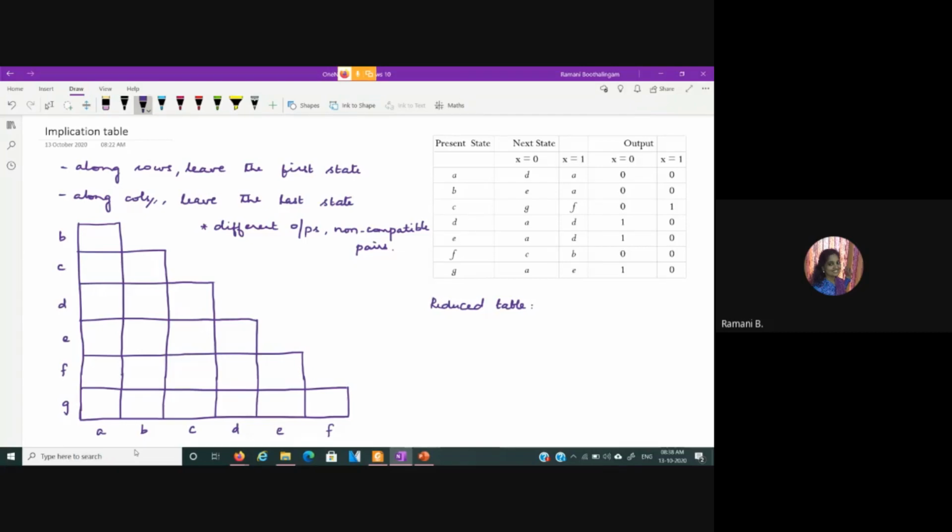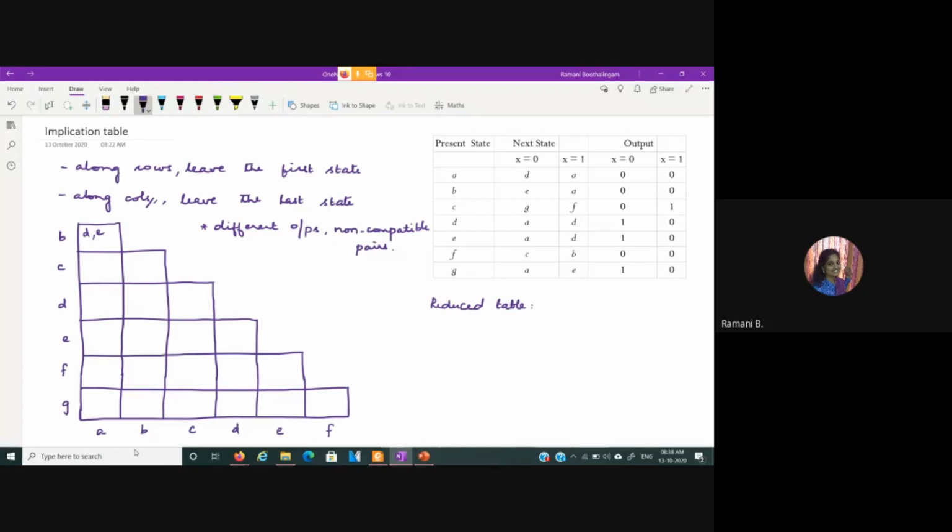So at the start itself, we don't know whether D and E are compatible or not. For that purpose, in the box corresponding to A comma B, we write the condition that is to be checked. If D and E are compatible, then A and B is also compatible. So we write it over here.